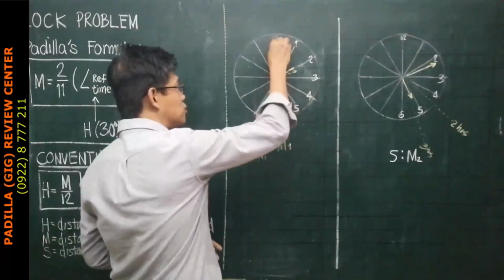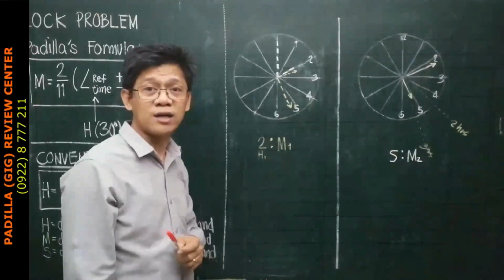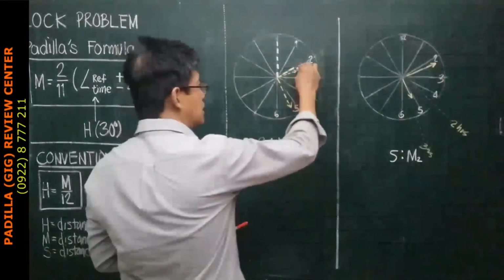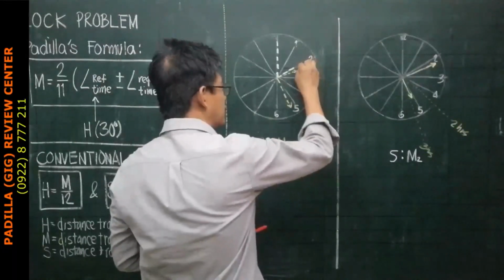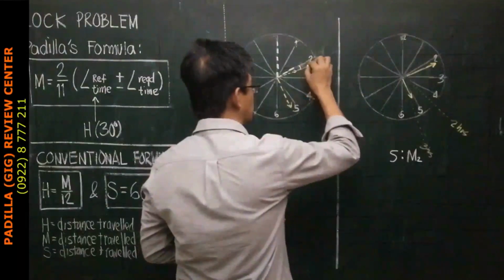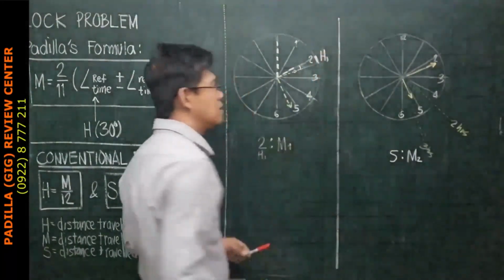The minute hand points to 12. Right? From 2 o'clock, the distance traveled by the hour hand is from here to here. So, this is your H1. Let me put it outside so that it will be clear.